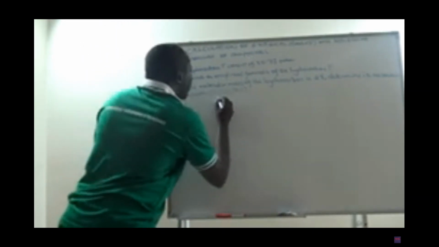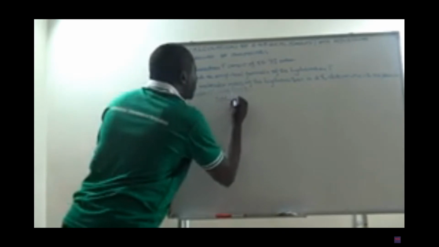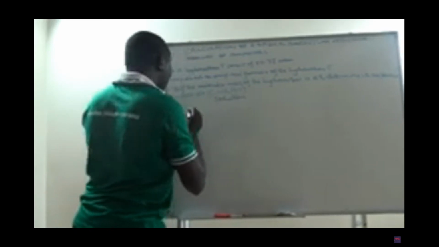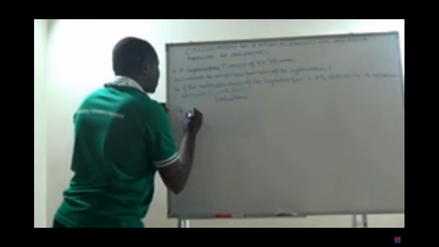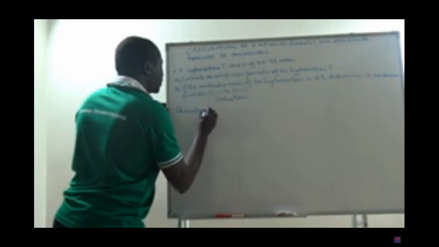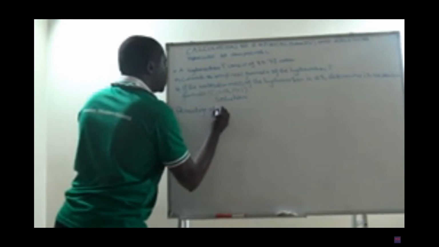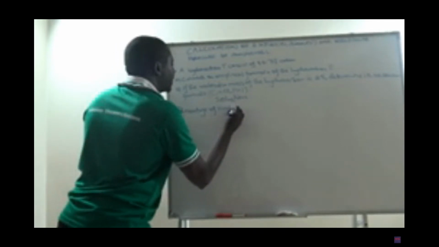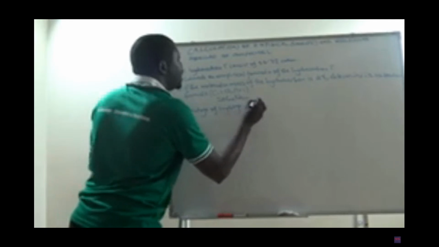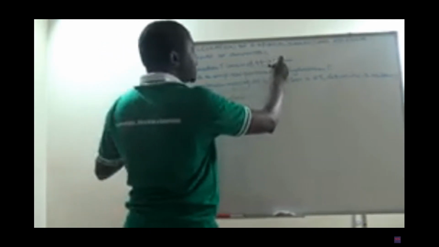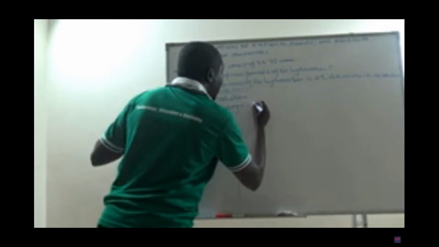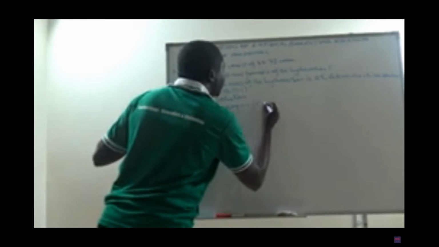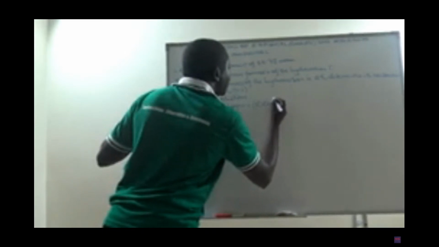So in our solution, the first thing we need to do is to get the percentage composition, that is the percentage of hydrogen in this compound. If 85.71% is for carbon, it means that the rest that makes up to 100% is for hydrogen. So we shall have to subtract 85.71 from 100.